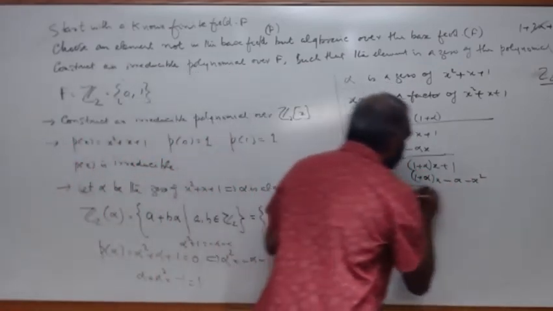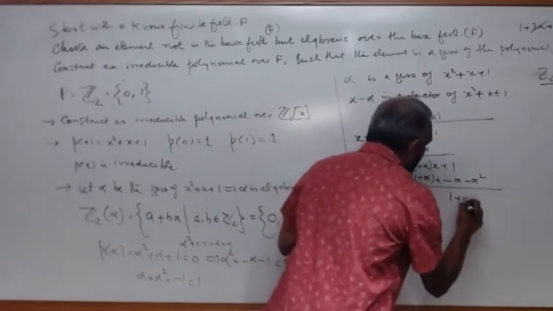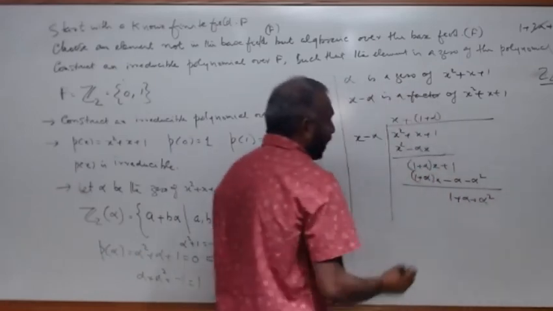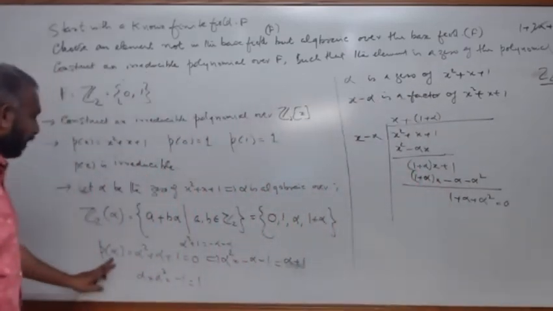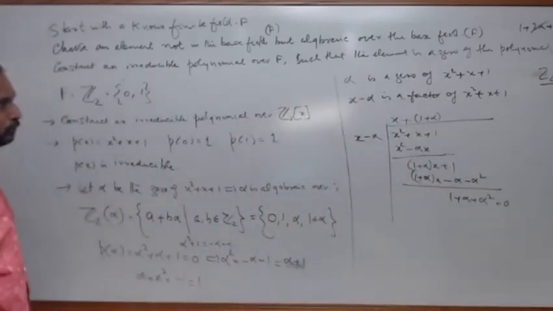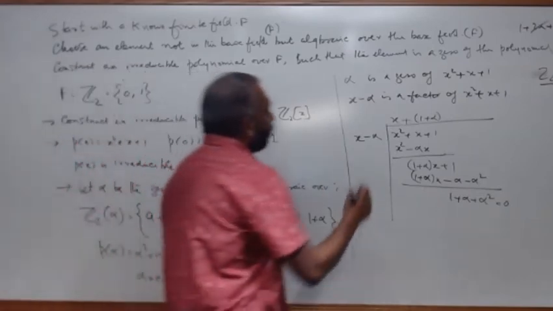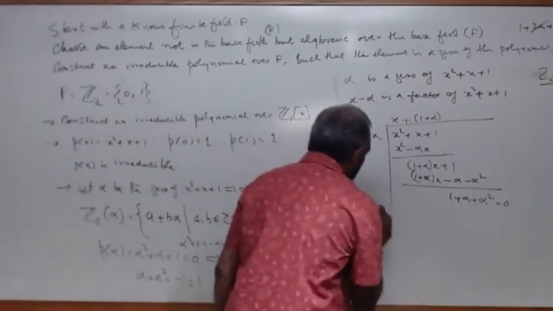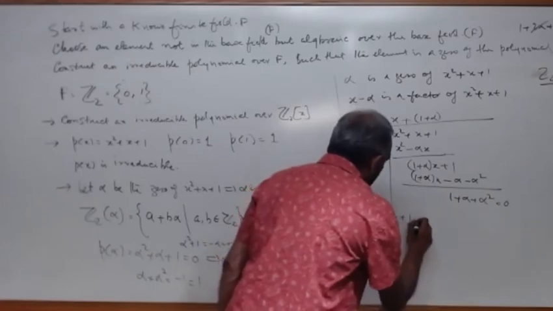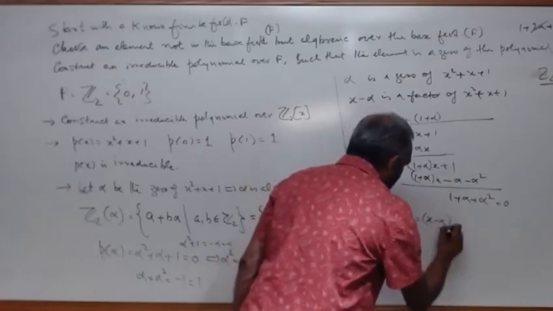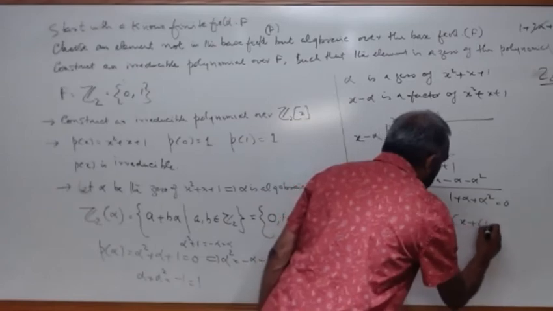And when you subtract, it will be 1 plus alpha square, and this is actually equal to 0 because p of alpha is 0. So the factors are x square plus x plus 1 equal to x minus alpha times x plus 1 plus alpha.